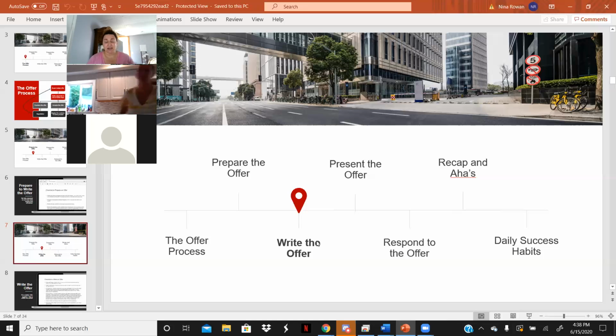Something like that could pull at the heartstrings of a seller and maybe win your offer. So having a good rapport with the listing agent is very important.